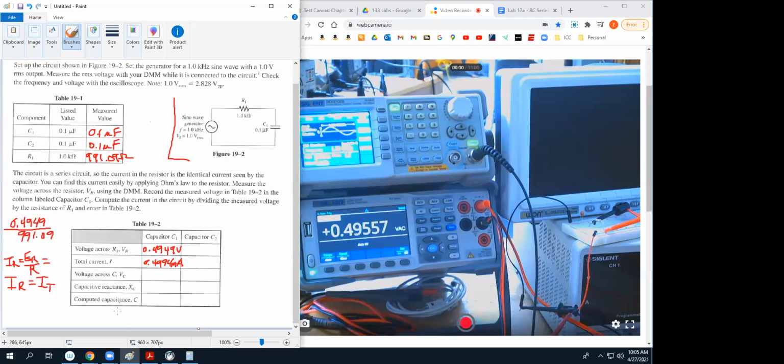Voltage across the capacitor. Measure the RMS voltage across the capacitor V sub C. This is procedure number 4. Record this voltage in 19-2, then use this voltage to compute the capacitive reactance using Ohm's law.